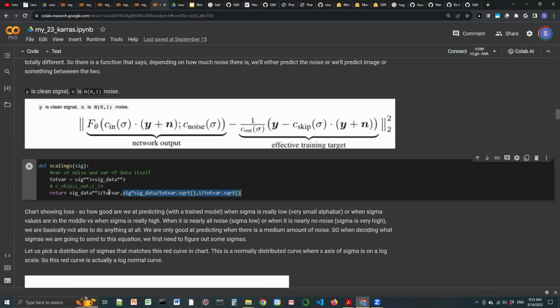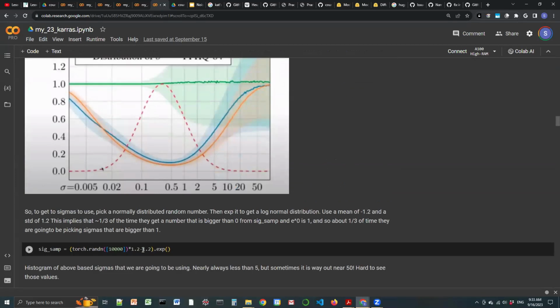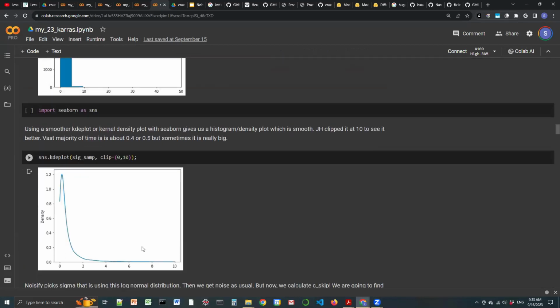So if you just take the ratio of the variation of the data to the total variation, that's C-skip. That's what is used as C-skip based on our sigma value, which we choose from this log normal distribution curve through this sampling equation, right?